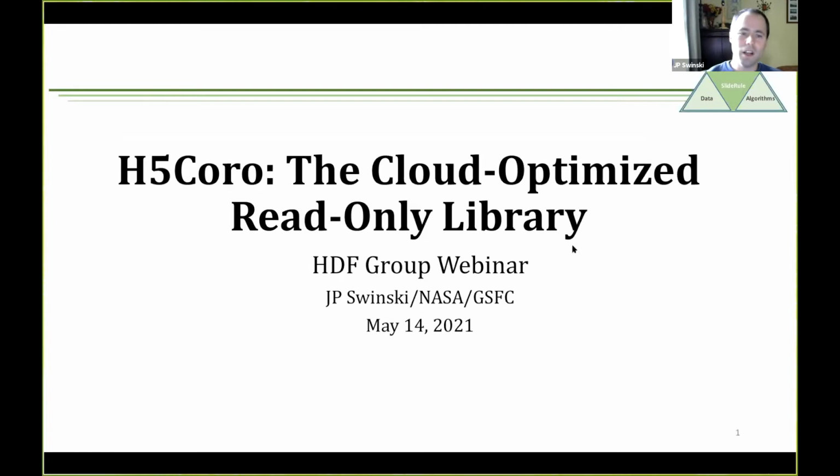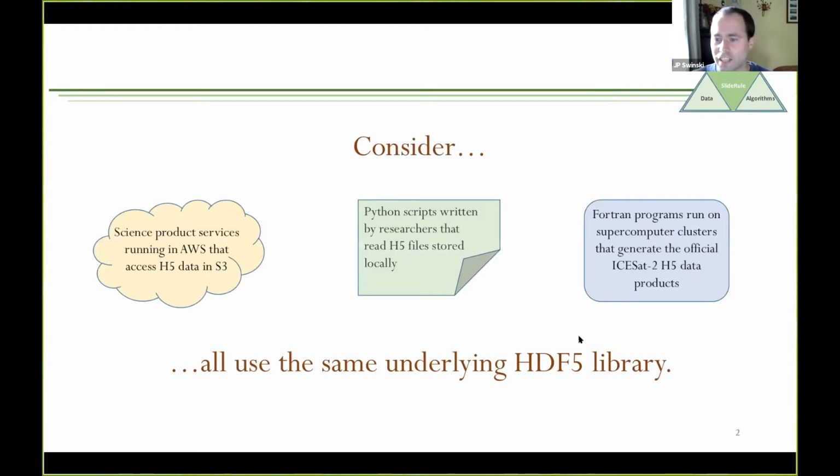Okay, excellent. So I'm going to talk about H5Coro, the Cloud-Optimized Read-Only Library. I have something for you to consider. About a year ago, or about 6 months ago, if you had looked at the project I'm working on, you would see that we had science product services running in AWS that were accessing H5 data in S3.